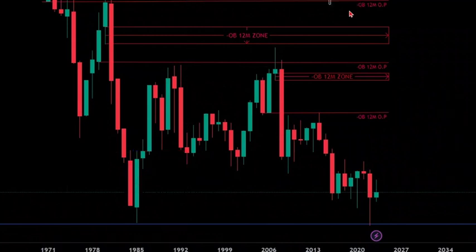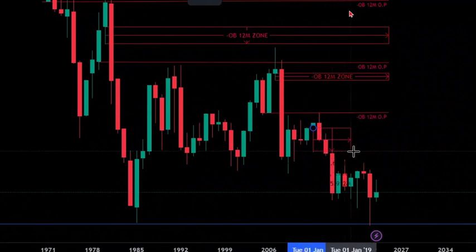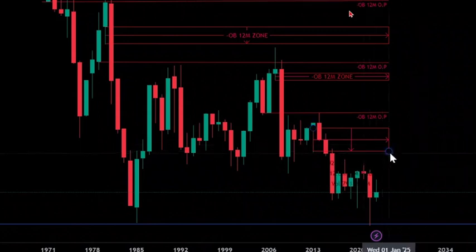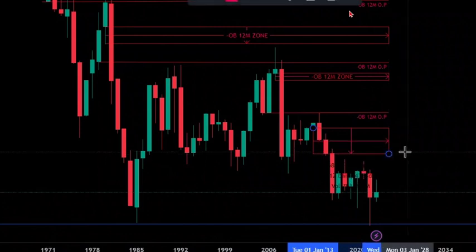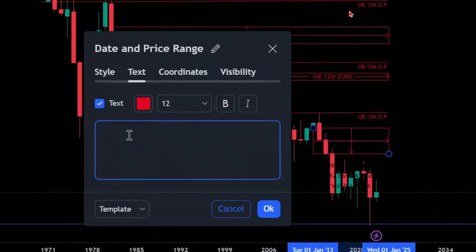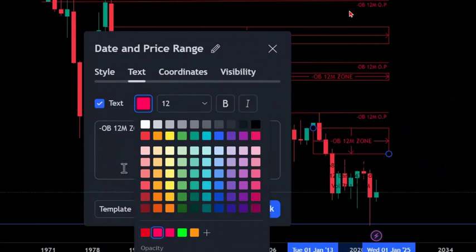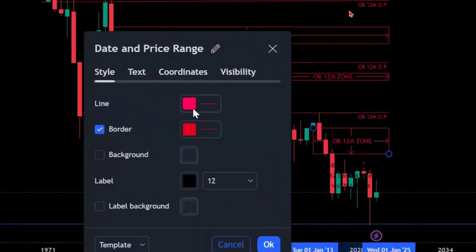Oh, okay. Exactly. Yeah, make it pink. I don't know why that pink is looking like that.